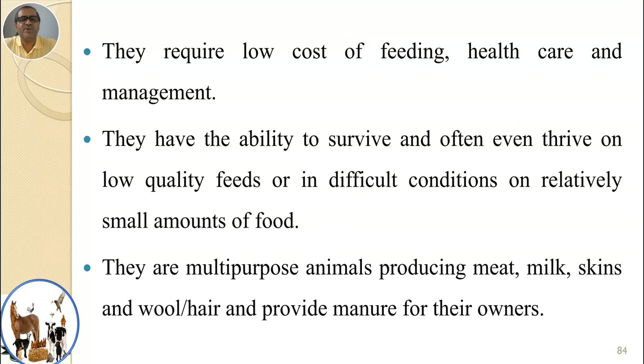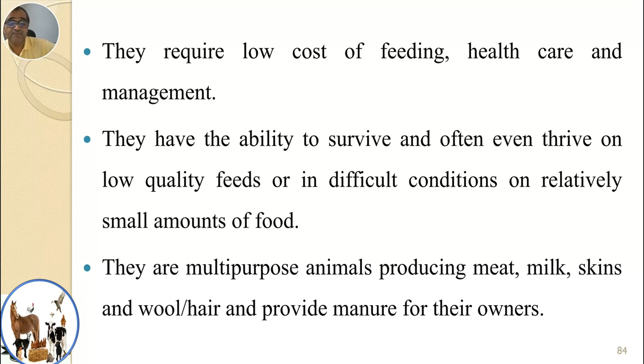Then they require a very low cost of feeding compared to other animals, the disease pattern is also low, and health care and management is very easy. They have the ability to survive and even thrive on low quality feeds, even in difficult conditions, and even in drought they can survive on a small amount of food.